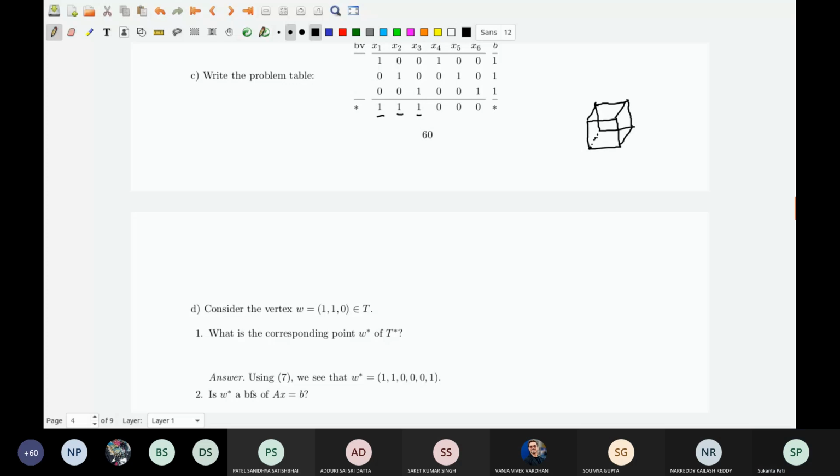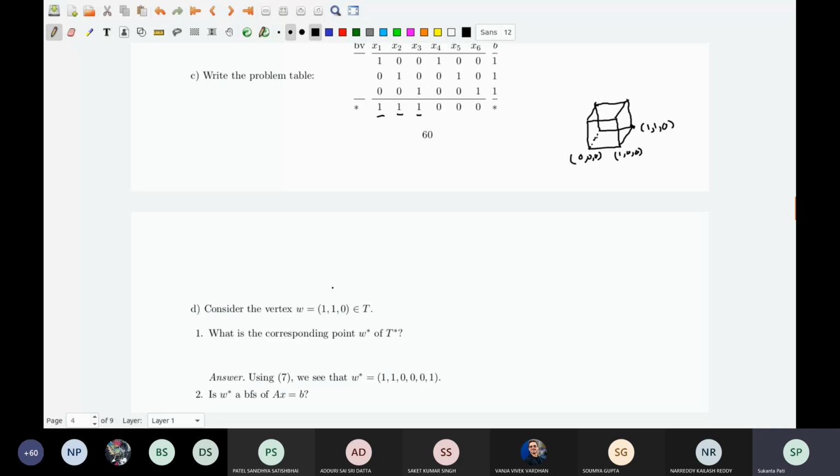Okay, so this point is 0, 0, 0. This is 1, 0, 0. And this one I am saying 1, 1, 0. So that's my W. But W is for the LPP, not for the SLPP.